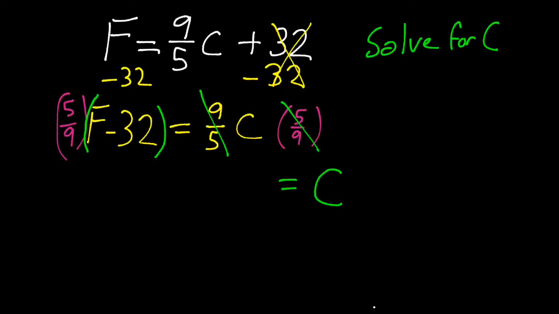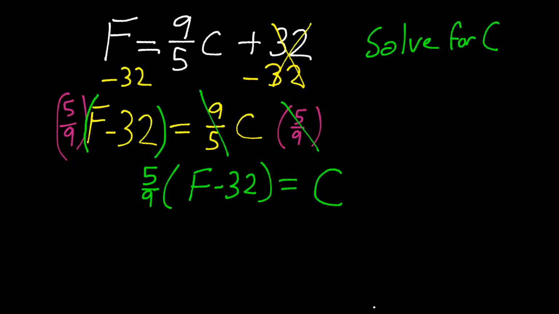Now, we have to take a look at this side. On the left side, we have right now 5/9 times f minus 32. And we actually want to leave it just like that. The reason being, if I were to distribute 5/9 into our parentheses, we'd have 5/9 f, which is okay, but 32 and 5/9 don't get along very well.